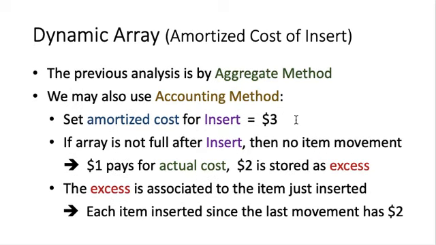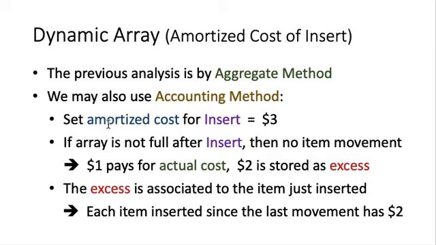Now, the previous analysis method is actually the aggregate method. Now, for this problem, we may actually use the accounting method as well. So for the accounting method, what we need to do here is we first set the amortized cost for the operation and then show that at any time, the amortized cost together with the bank savings is enough to pay for each operation.